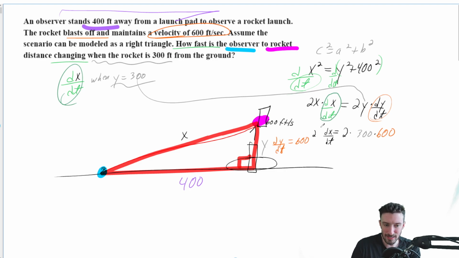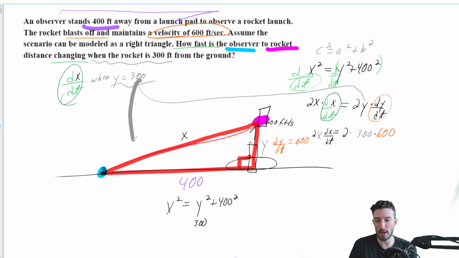Well, x is an interesting one because x requires me to do Pythagorean theorem when y is 300. So I got to go back to x squared equals y squared plus 400 squared. And I plug in the 300 that I was using for y. So it gets plugged in right there.